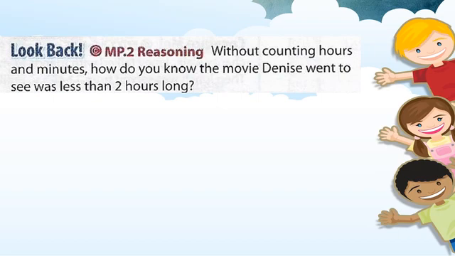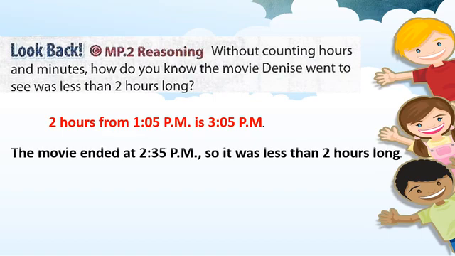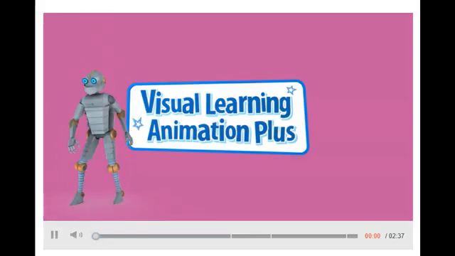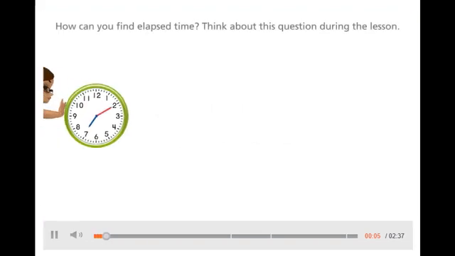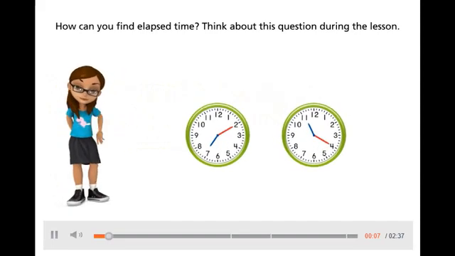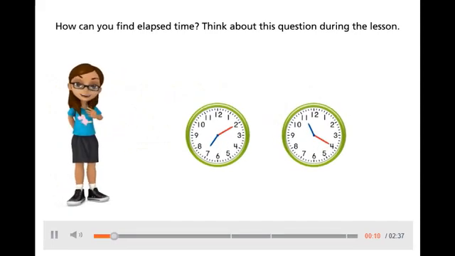How did you know that it was less than 2 hours long? 2 hours from 1:05 p.m. is 2:35 p.m. The movie ended at 2:35 p.m. So it was less than 2 hours long. How can you find elapsed time? Think about this question during the lesson.